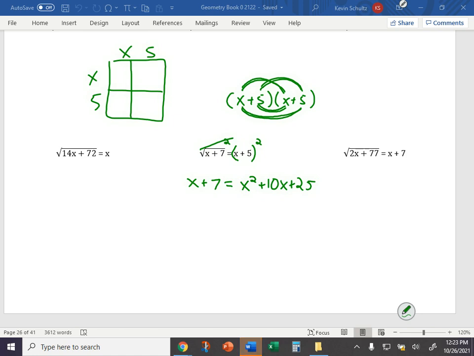Anyway, now that we've got a quadratic equation, those of you that have been retaking your entrance exam stuff have probably had to retake something similar to this. We can't solve a quadratic equation until the equation equals what? 0. So we've got to move our x term over by subtracting it.